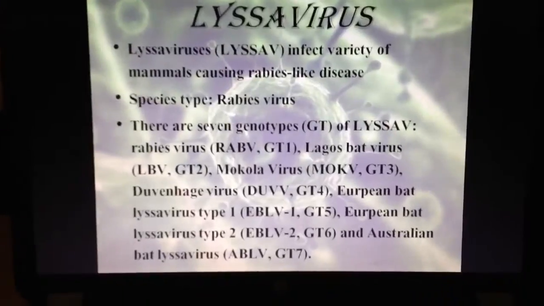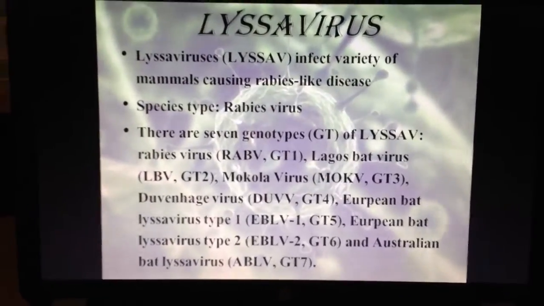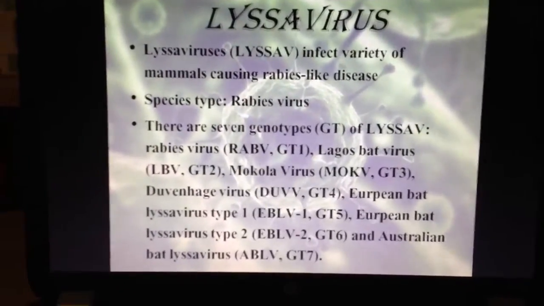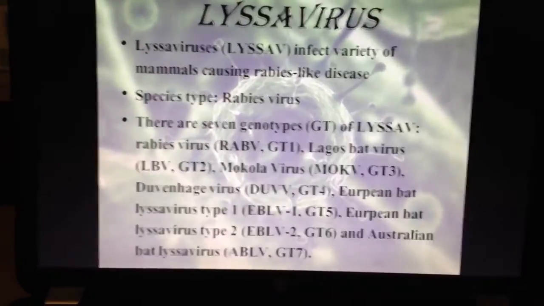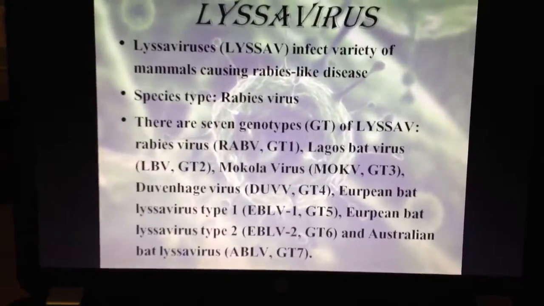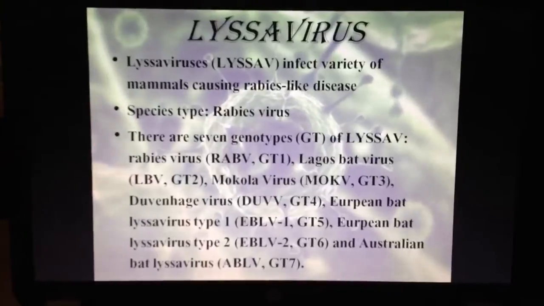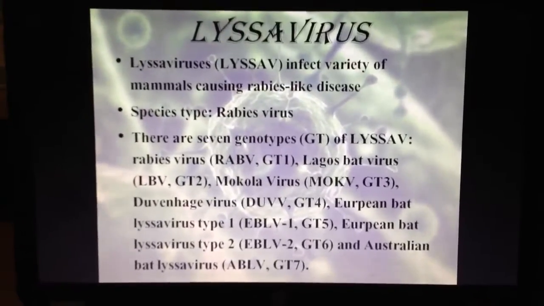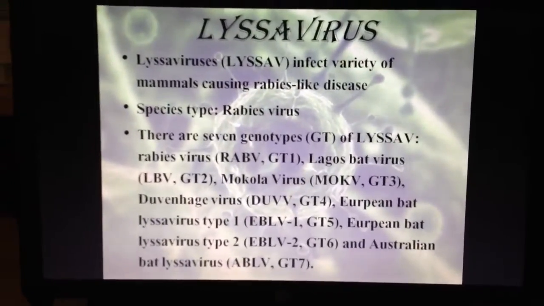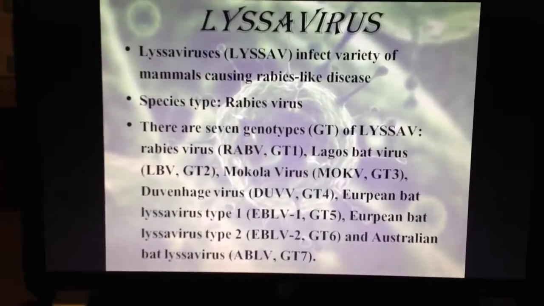Okay, now on to Lyssavirus. Lyssavirus infects a variety of mammals causing rabies-like disease, and the species type for this that we will focus on is the rabies virus. There are 7 genotypes for Lyssavirus.